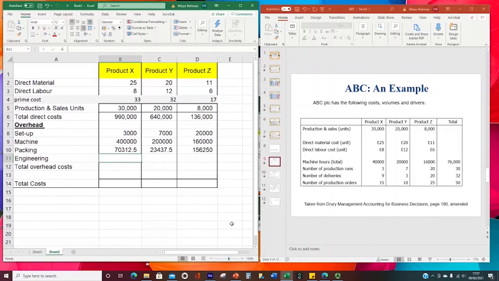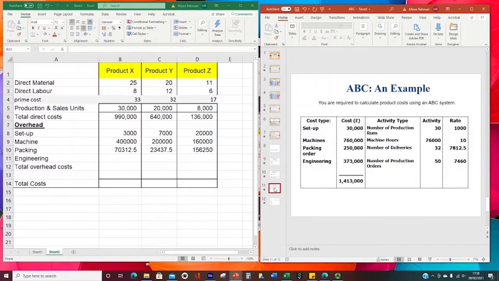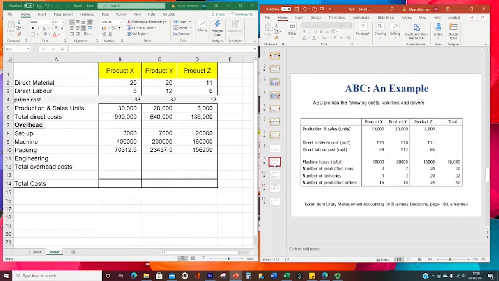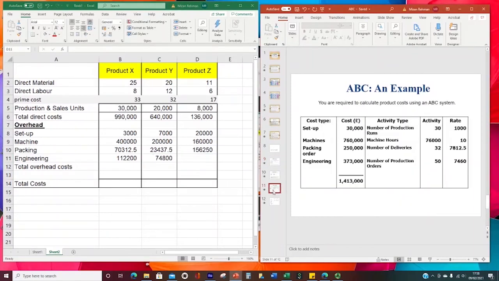Next is our engineering. The cost per engineering hour, which we calculated, is 7,460. So let's go here. All right, so for X 15 production orders into 7480 per engineering hours, then we have 10 into 7480. Is it 8 or 6? 6.